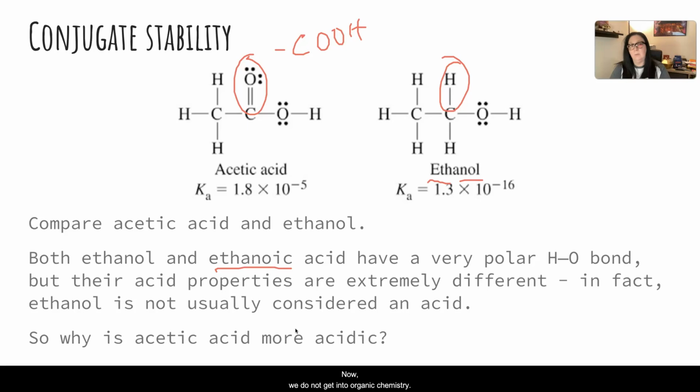Now, we do not get into organic chemistry in AP. We used to do a little bit of nomenclature and drawing. They've taken it away, but they like to interject it into the class because they can, and they sometimes freak kids out, but don't let them. I will say they have gotten better about using names like ethanoic acid, which you've not heard before today, and then they show you the molecule or tell you what it is.